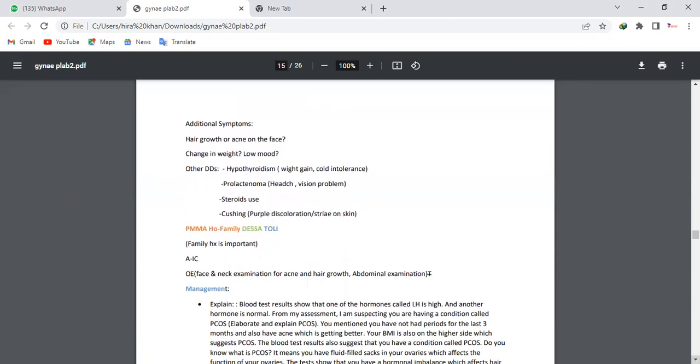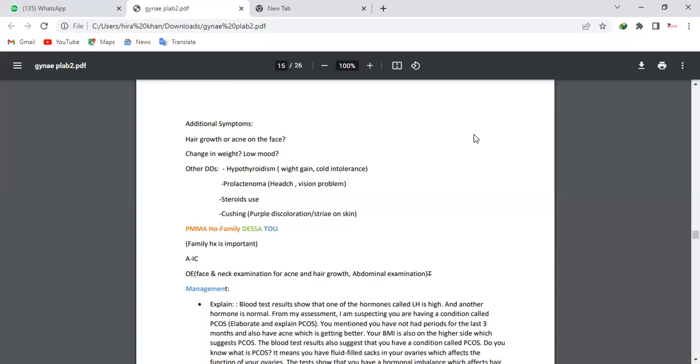Yeah, you have equal chances like other women, but this condition actually requires only lifestyle modification. Okay. Do you want to discuss further about that? Sure, doctor. Okay, all right. So as you told me that you have a lot of weight gain, and also some excessive hair growth, these are all because of a hormone called testosterone, which increases because of this condition.